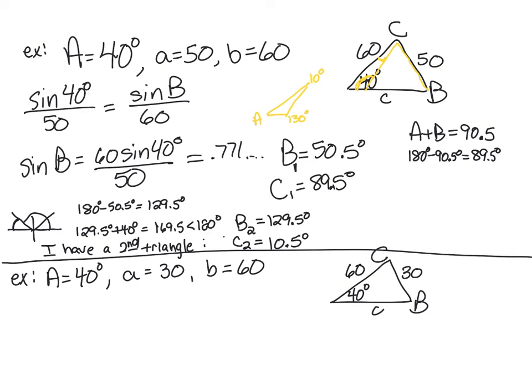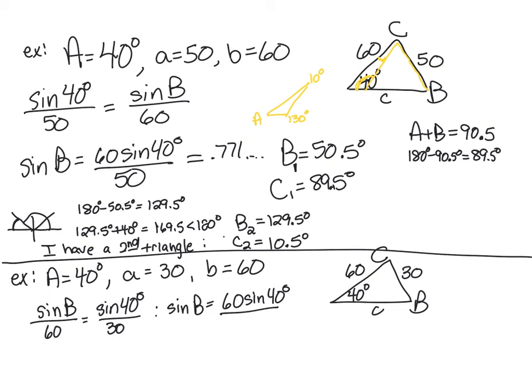So starting it out the same way, sine of B is to side B, the same way that the sine of 40 is to the side opposite the 40. Okay? So sine of B will equal 60 sine 40 over 30.